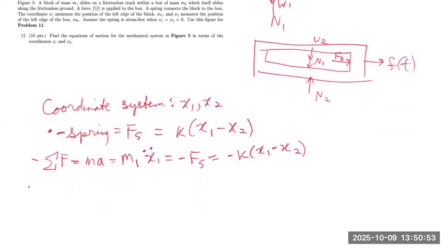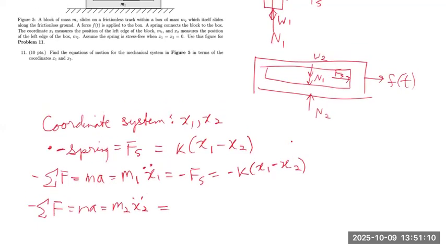And for the x2 direction it is negative sum of forces equals MA, and this is equal to M2 x2 double dot. Let me see, there is the force Fs pointing to the right and F pointing to the right as well. So this is equal to Fs plus F.